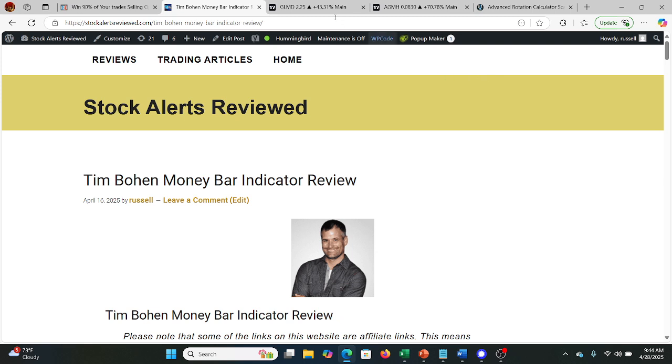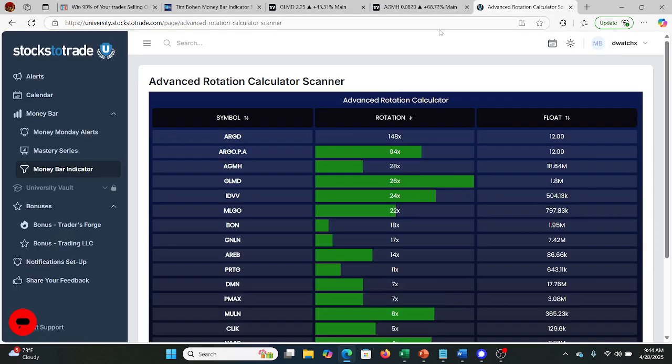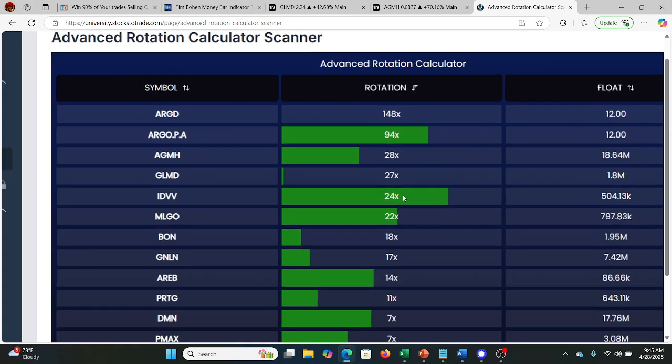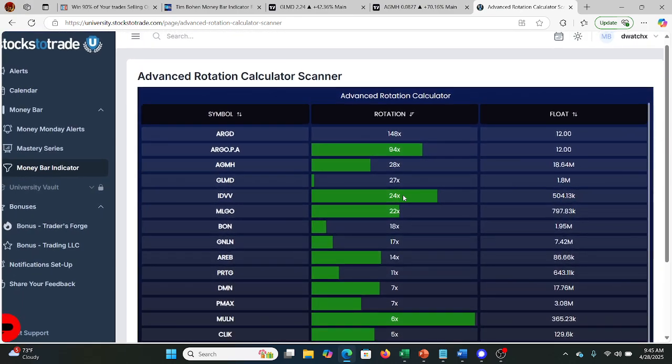So I was going to show you a couple of examples from this morning. First off, I will show you the advanced rotation calculator scanner, which is what the tech geeks at Stocks to Trade call the money bar. You can see why Tim Bohen calls it the money bar, because these are bars that are coming along like this, and the more green and the higher the X number here, the more times the float has rotated, so the more chance of a big move.